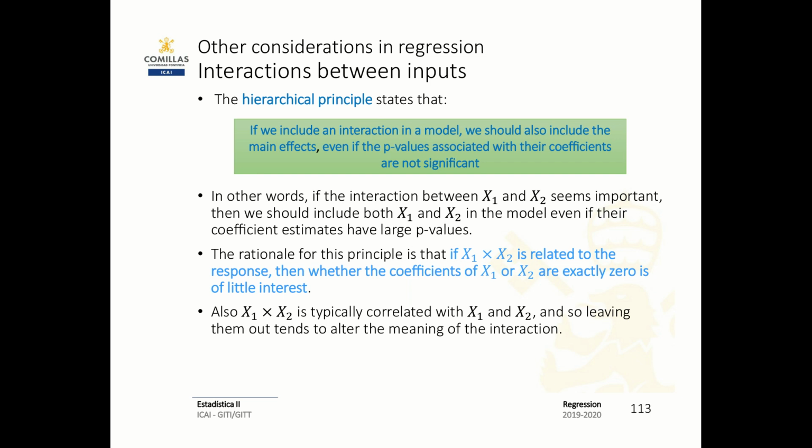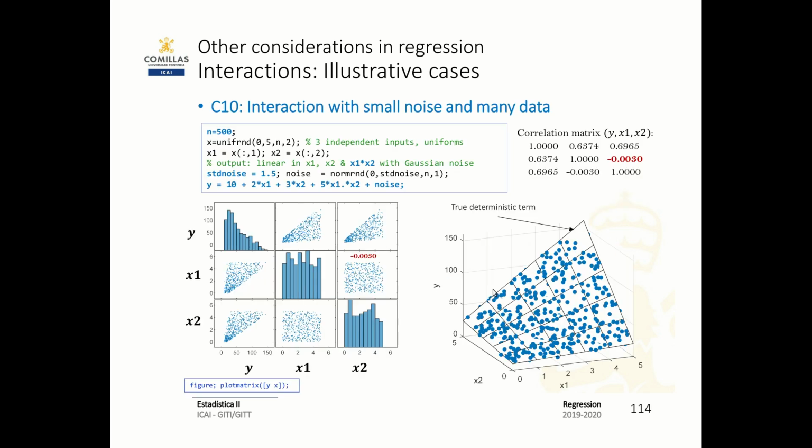The reason is that if x1 times x2 is related to the response, then whether the coefficients of x1 or x2 are exactly zero is really of little interest. Also, x1 times x2 is correlated with x1 and x2, and so leaving them out tends to alter the meaning of the interaction.